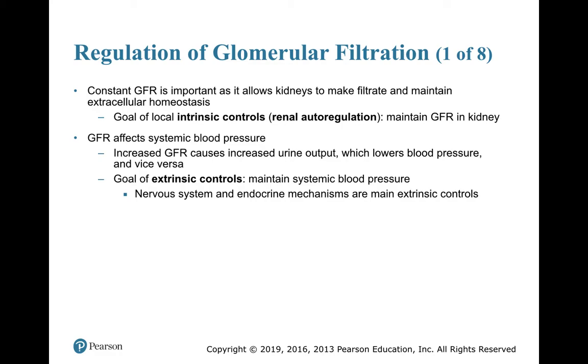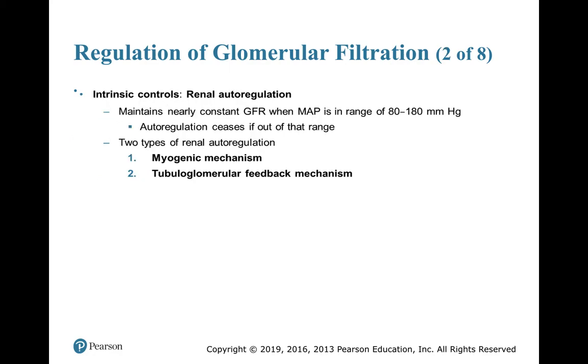An increased GFR is going to cause an increased urine output, which would lower blood pressure by removing fluids, and vice versa. The goal of extrinsic controls, controls from outside the kidney, is to maintain systemic blood pressure, and that would be the nervous system and the endocrine mechanisms working on the kidneys.